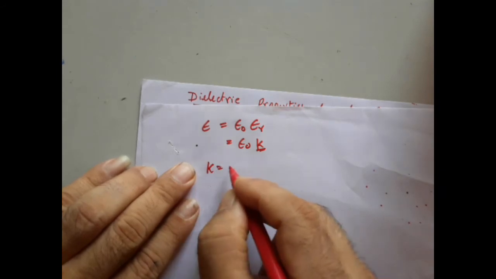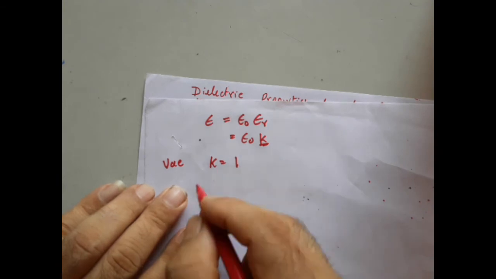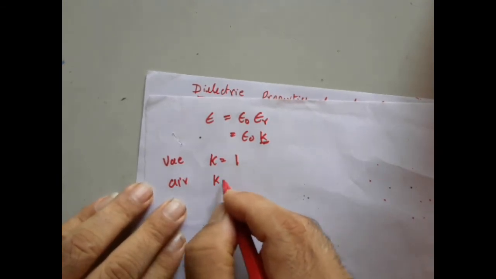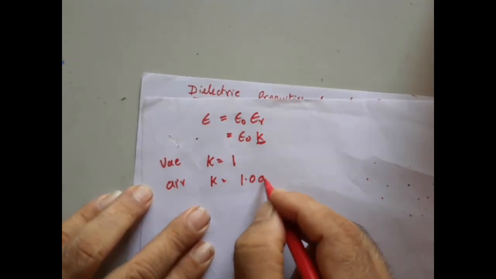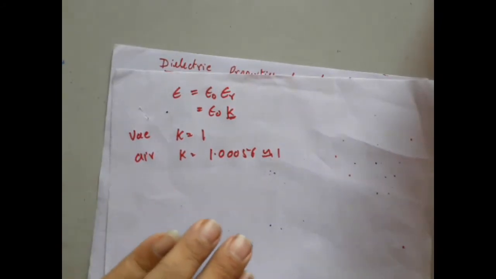The value of K in the case of vacuum is equal to 1. Even in the case of air, the value of K is almost equal to 1.00056, a very small difference, and we take it as 1.